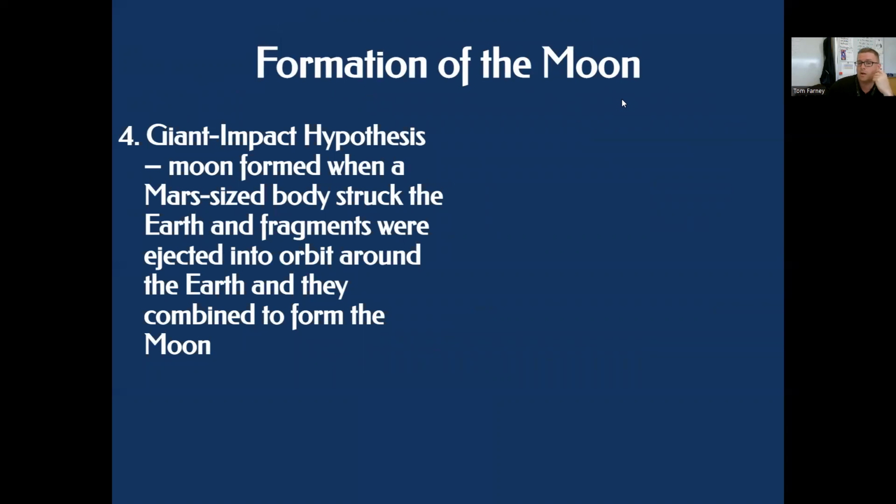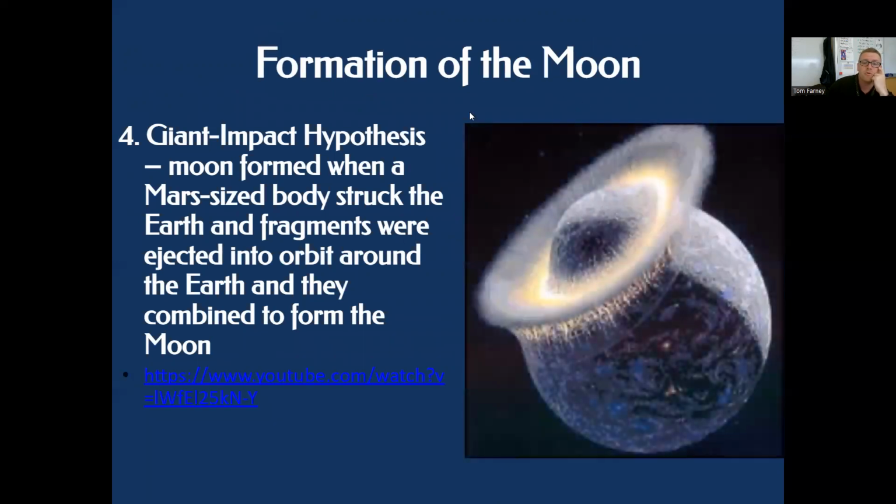The leading one, and one of the ones that I like the most, is the Giant-Impact Hypothesis, where the moon formed when a Mars-sized body, a very large protoplanet, struck the Earth very early on in the Earth's life cycle, within the first several million years of its existence.